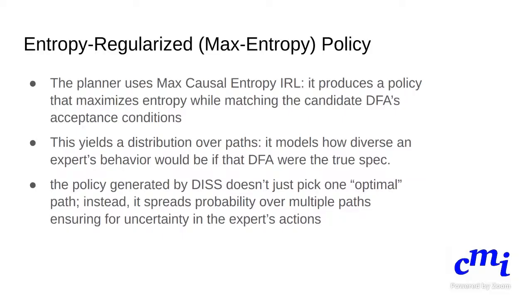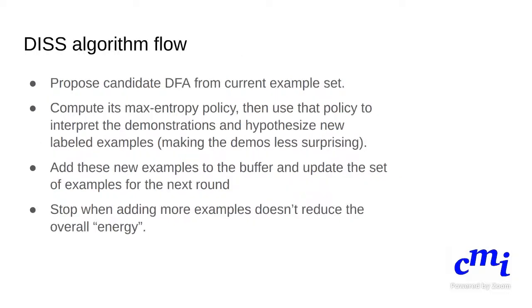So we want to explore all the different paths that might be positive or negative, and we'll compare the probability using the energy function. I think it will be in the next slide. Here I'm saying the probability generated by this doesn't just pick one optimal path, it spreads the probability over all the paths, taking into account all uncertainties.